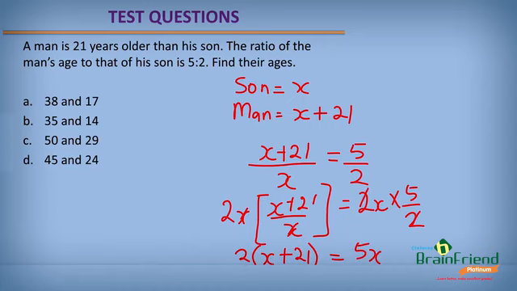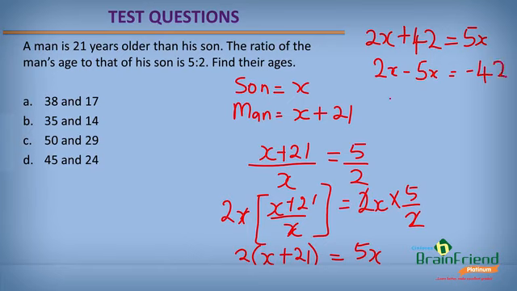Now expanding the brackets, 2 times x results in 2x. 2 times 21 results in 42, which is equal to 5x. Now bringing like terms together, we have 2x minus 5x is equal to minus 42 because 42 is crossing the equal to sign. So 2x minus 5x results in minus 3x is equal to minus 42.